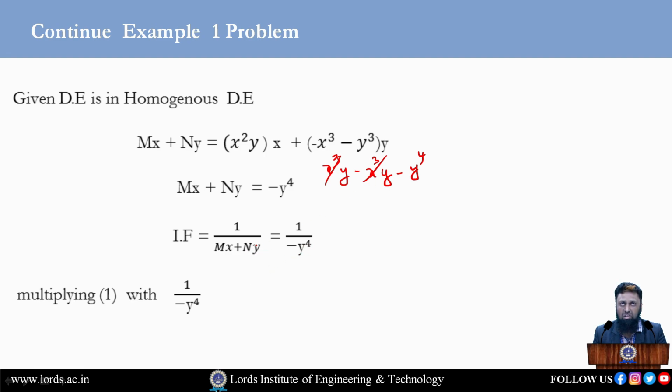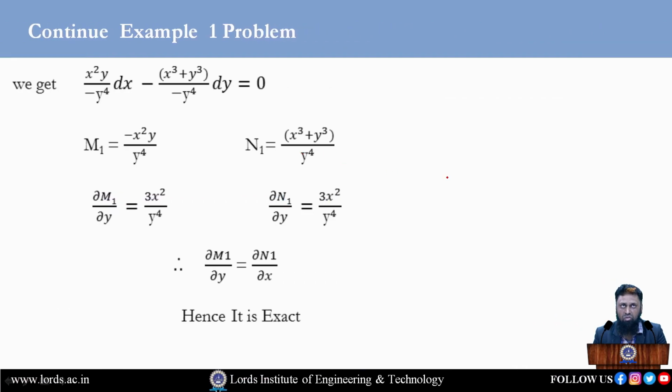Now we have to multiply equation number 1 by 1 by minus y power 4. We get x square y by y power 4 dx minus (x cube plus y cube) by minus y power 4 dy equal to 0. Here we take M1 as x square y by y power 4 and N1 as (x cube plus y cube) by y power 4.